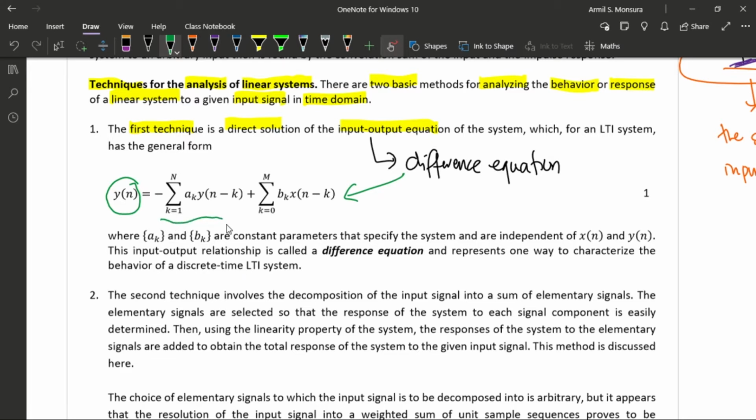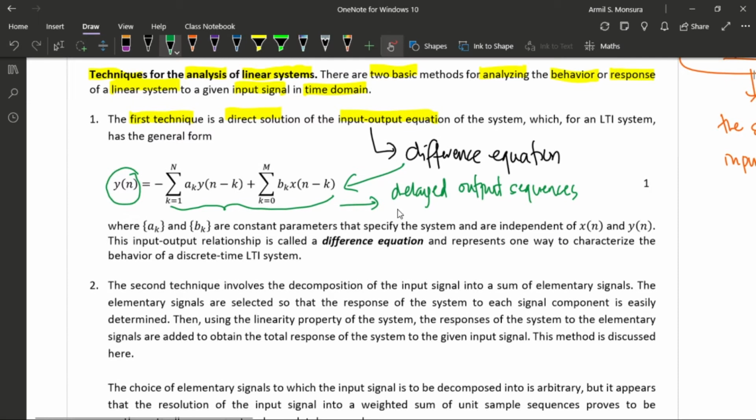And the right side always contains the delayed output sequences, and our input sequence and its delayed versions.